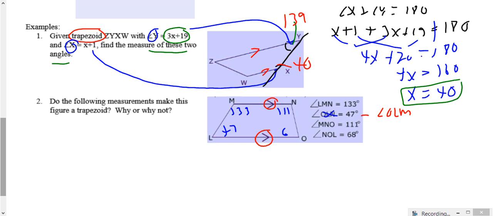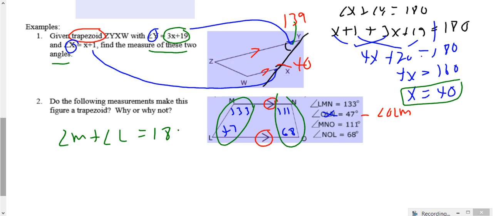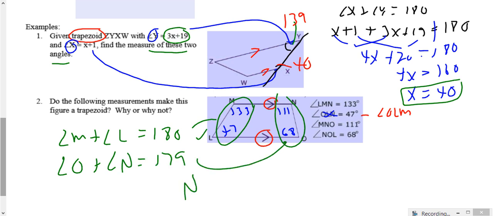Now again, if they are truly parallel, then these two are same side supplemental, and so are those two. So we check that, and angle M plus angle L is equal to 180. That's these two, so that works. We check angle O plus angle N, and we get 179. That's those pair. So we would say no.